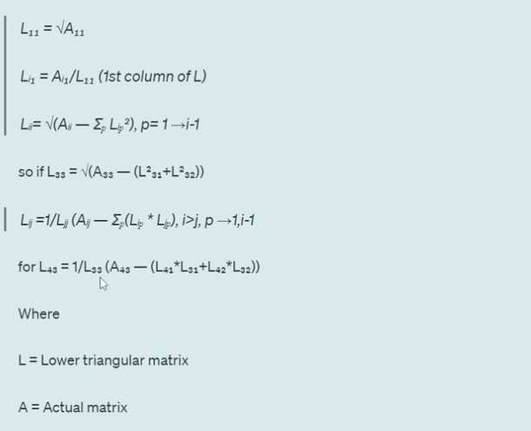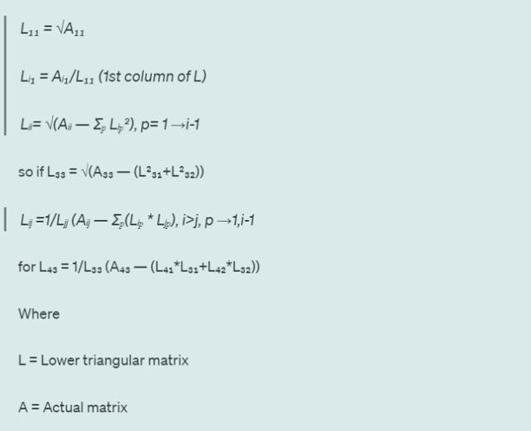That is the diagonal element of the previous row, because when we go sequentially from left to right, first row, then second row, then third row, we won't have calculated the diagonal element L44 yet. That is why we consider the diagonal element of the previous row, into A43, the value in the actual matrix, minus L41 into L31 plus L42 into L32. So this is the summation over p, where we are doing Lip into Ljp.